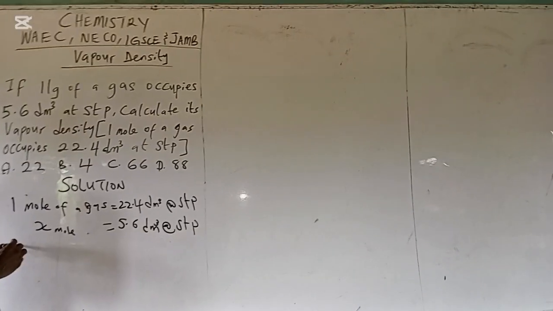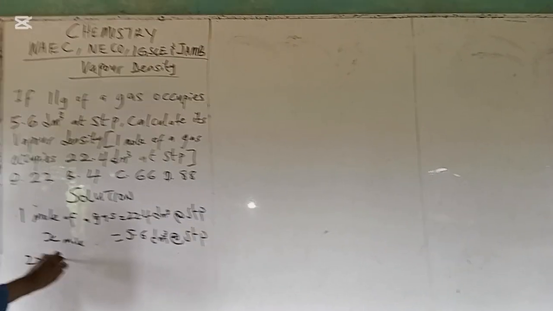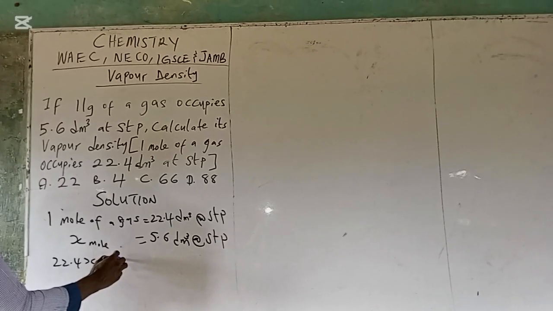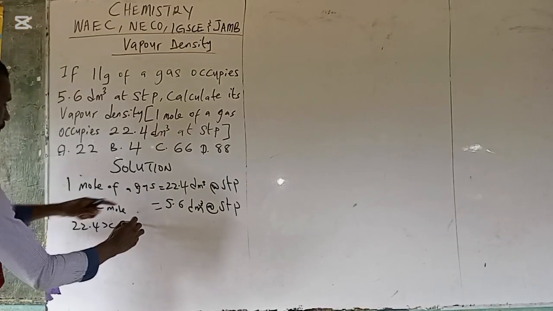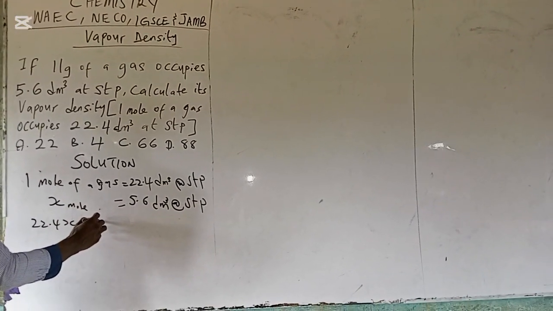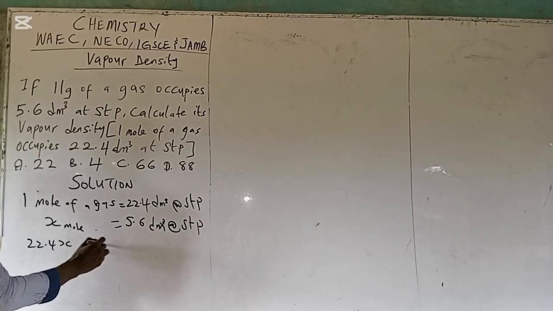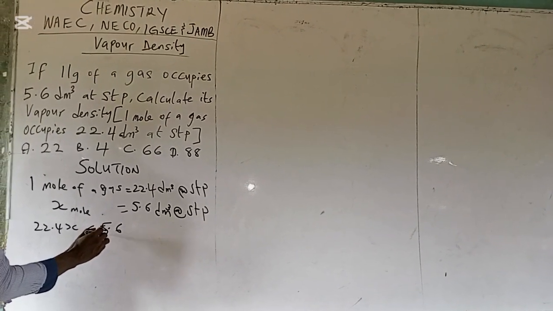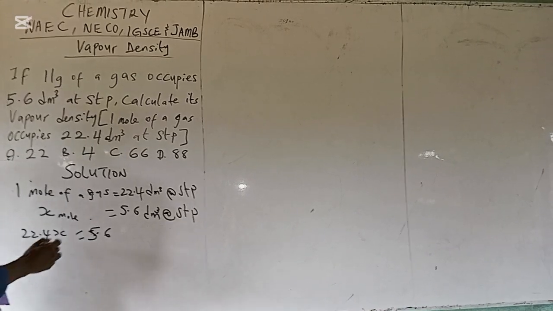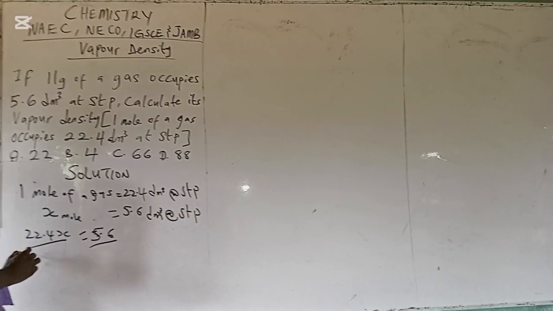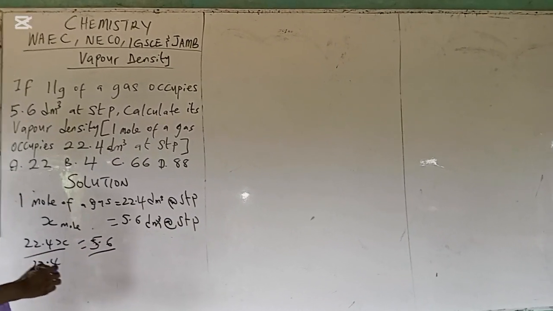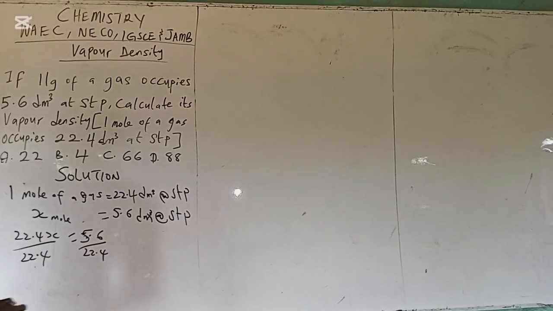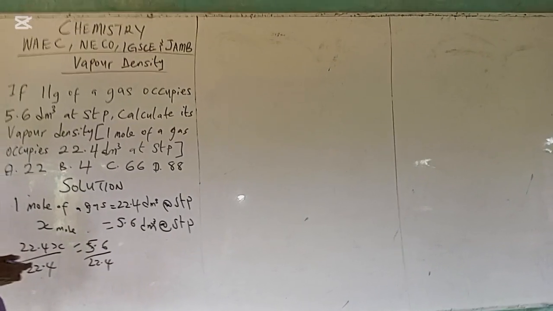So we have 22.4x equals 5.6 times 1. So cross multiply, and divide by the coefficient.